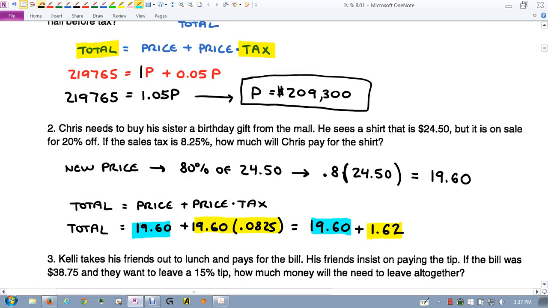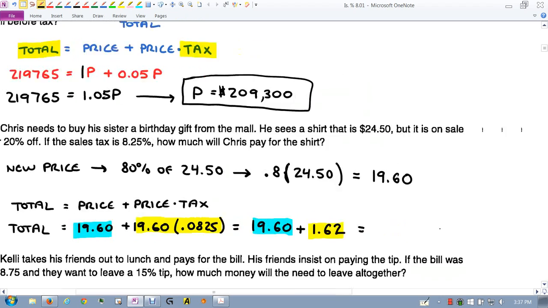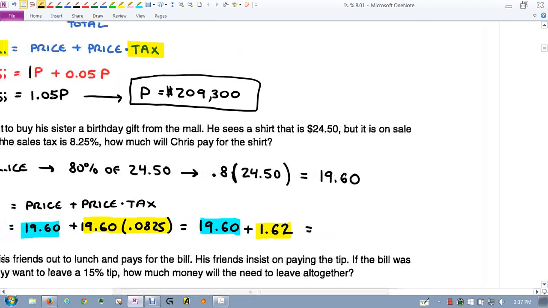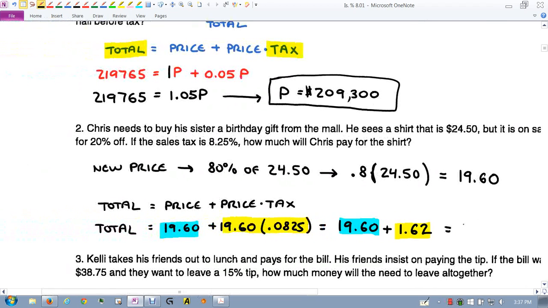Add them together. What do you got? Chris decides his sister's not that important and she's not worth $21.22, so he gets her something else. But this is a good exercise for him.